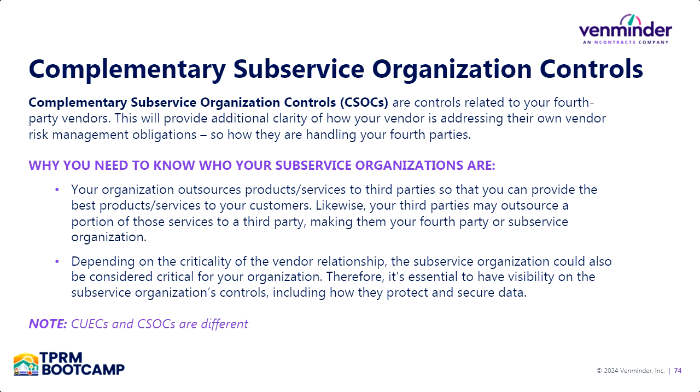If those controls have direct impact to you, it's just helpful to understand that. And it will also help you determine how you want to treat that fourth party. It's very important to understand, though, that complementary user entity controls and CSOCs are different, and just making sure you understand which are which within a report.